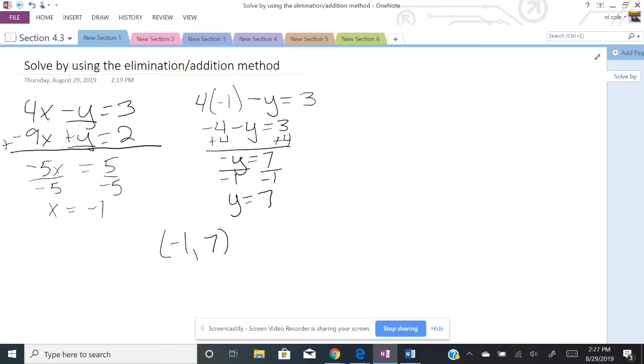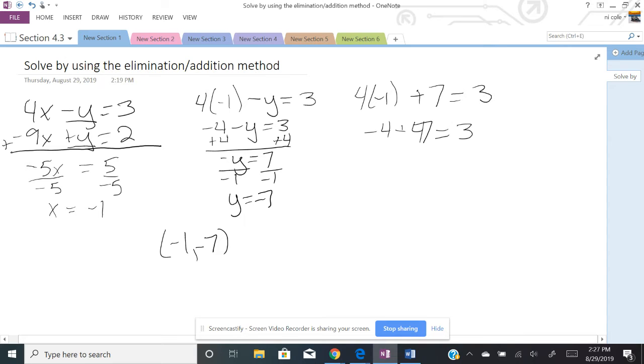Let's check that. So let's do 4 times -1 minus -7 equals 3. So -4 minus 7 does not equal 3. So I made a mistake somewhere. Oh, because that should be -7.